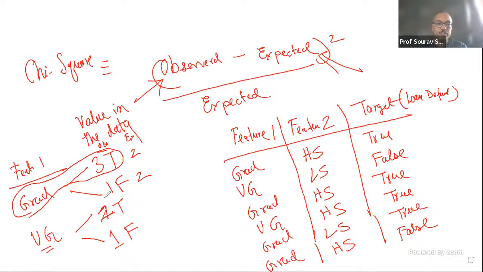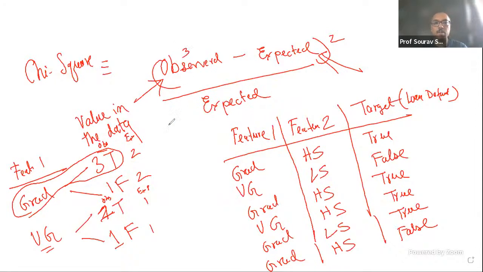For the undergraduate, this is observed, and my expected is 1 here, 1 here. Right? The cases which are there will be equally divided between whatever are the different classes, in the same proportion.